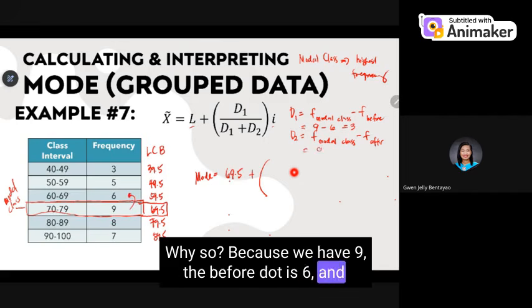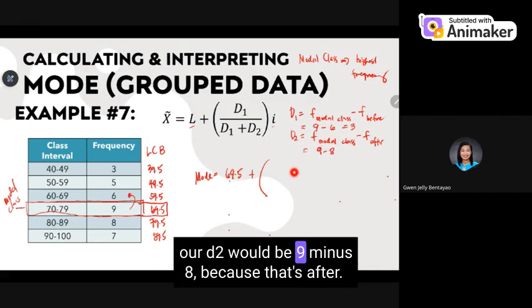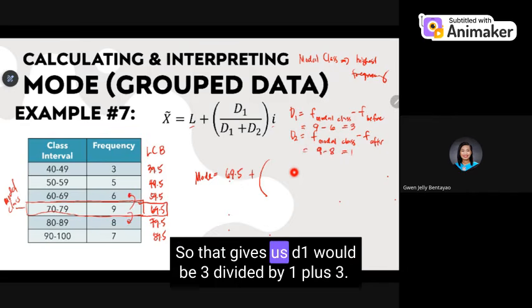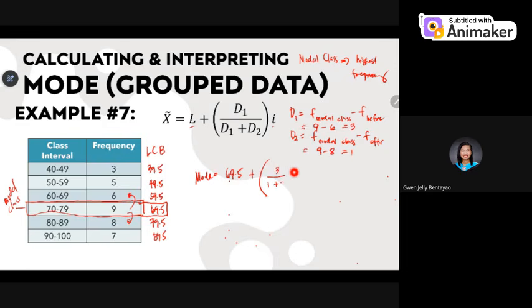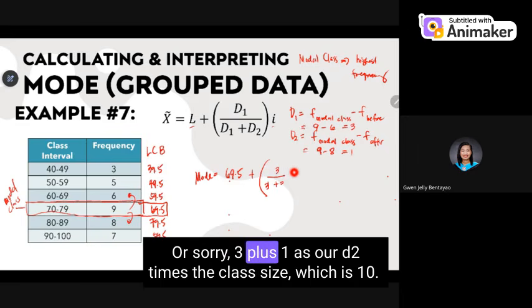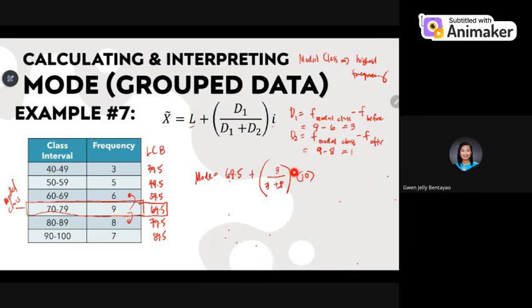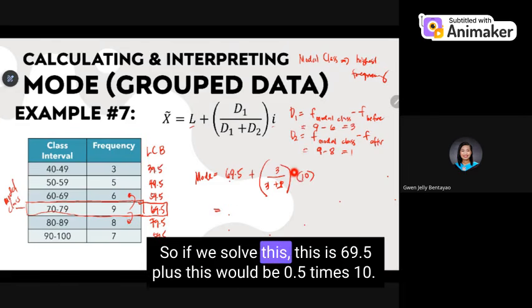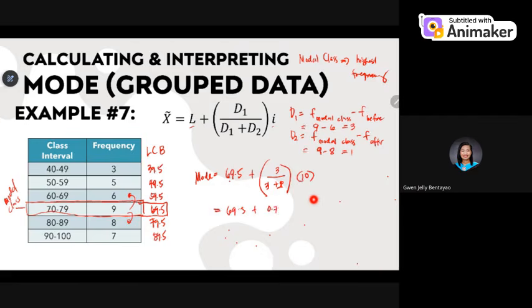And our D2 would be 9 minus 8, because that's after. So that gives us D1, which is 3, divided by 3 plus 1 as our D2, times the class size, which is 10. If we solve this, it is 69.5 plus 0.5 times 10. So this gives us 77 as our mode.